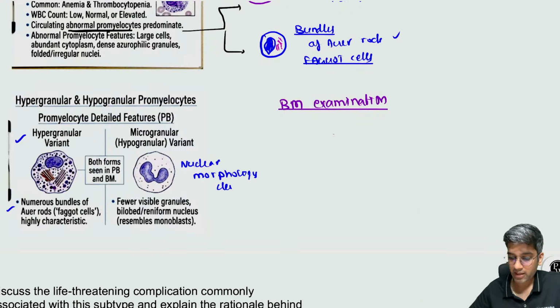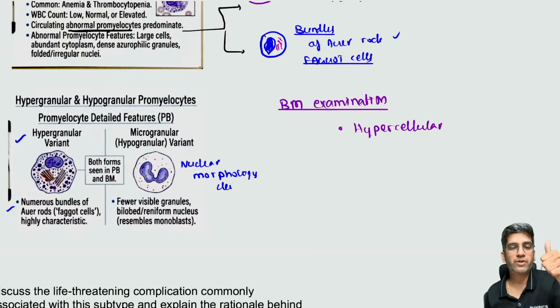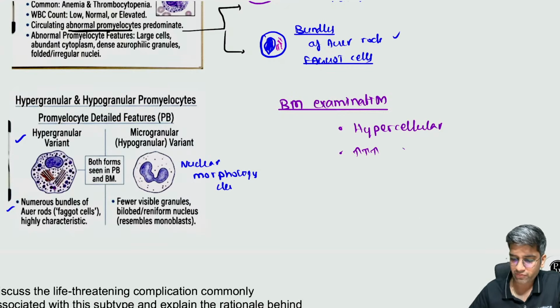Bone marrow, I told you yesterday in the last class, shows a common finding for every leukemia: hypercellular bone marrow. Every leukemia has a hypercellular bone marrow. You'll have hypercellular bone marrow with an increase in the number of atypical promyelocytes.